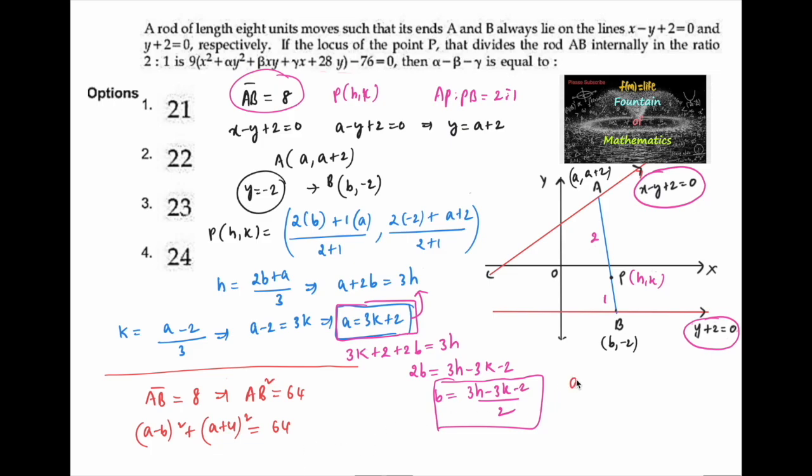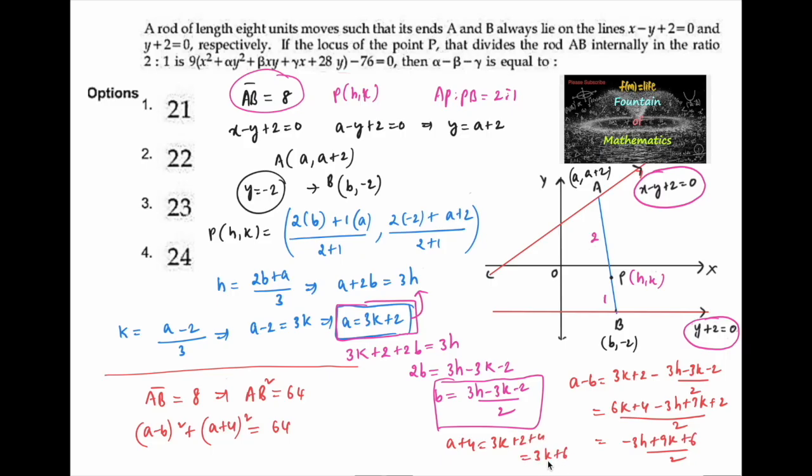So here A minus B we can write it as 3k plus 2 minus 3h minus 3k minus 2 divided by 2, or we can write 6k plus 4 minus 3h plus 3k plus 2 divided by 2, that is 9k minus 3h plus 9k plus 6 divided by 2. So this is A minus B, and A plus 4 we can write it as 3k plus 2 plus 4, that is 3k plus 6.